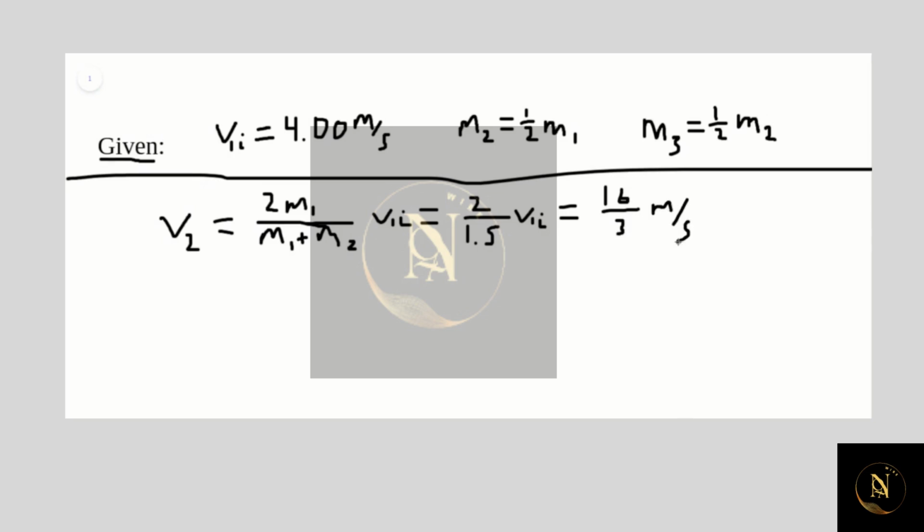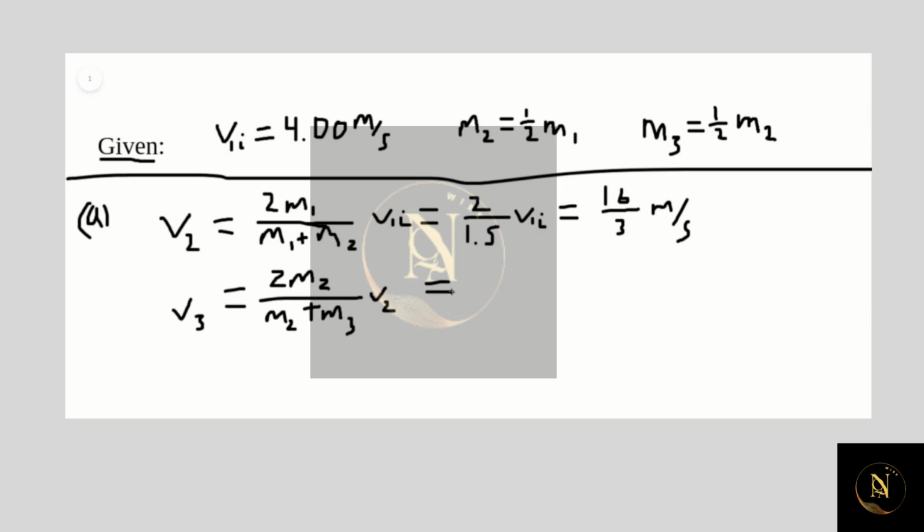Okay. Now that we have V2, we can use that to calculate the velocity of block 3 after it's struck by block 2. So V3 is equal to 2 M2 divided by M2 plus M3 times V2.